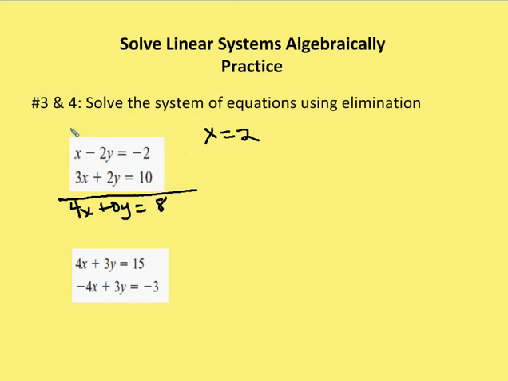So I substitute 2 back in for x, and I get 2 minus 2y is equal to negative 2. I subtract 2 from both sides, and I have negative 2y is equal to negative 4, or y is going to be equal to 2 as well. So I have y is equal to 2, x is equal to 2. That ordered pair is my solution using the process of elimination.